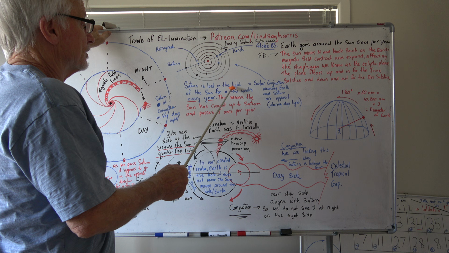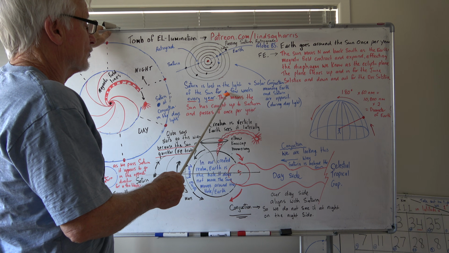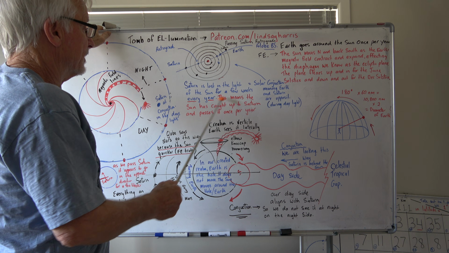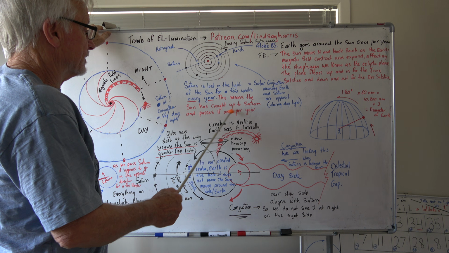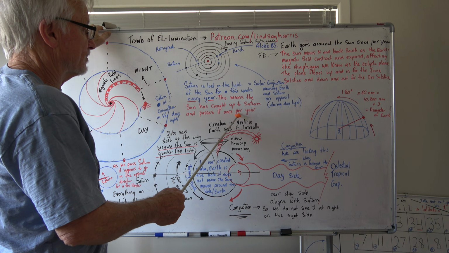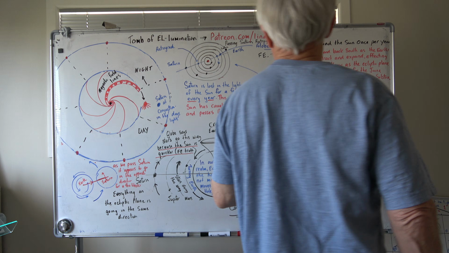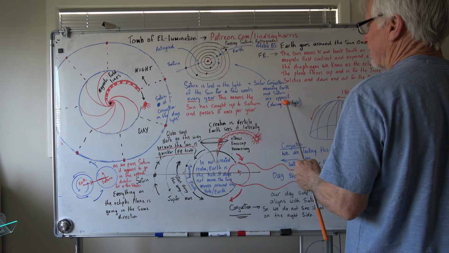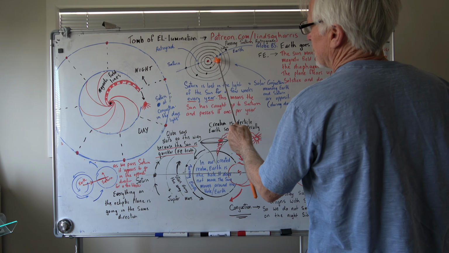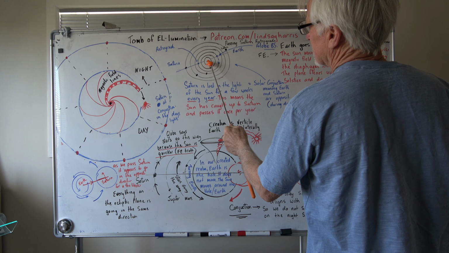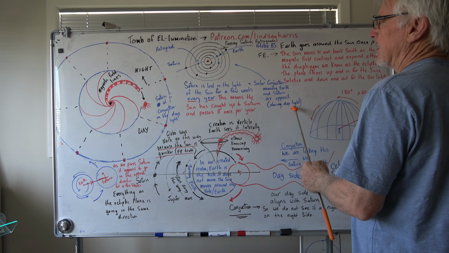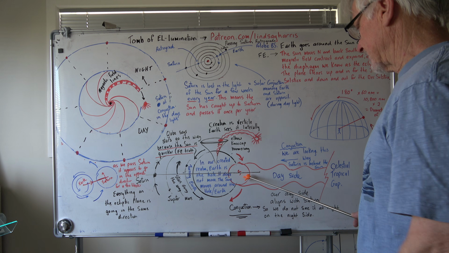Okay, Saturn is lost in the light of the Sun for a few weeks every year. This means the Sun has caught up to Saturn and passes it once per year. That's solar conjunction, meaning Earth and Saturn are opposite during the day, which is down here.